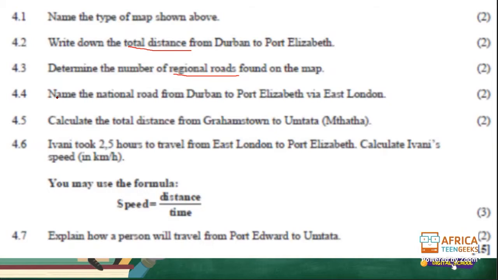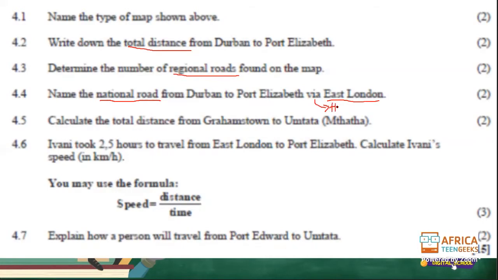Name the national road. Now we look at the national road from Durban to Port Elizabeth via East London. Obviously, when I say via, they actually mean through East London.